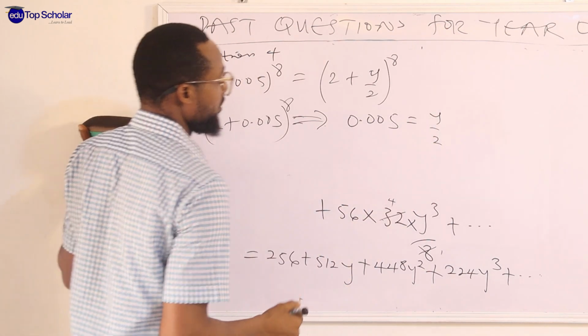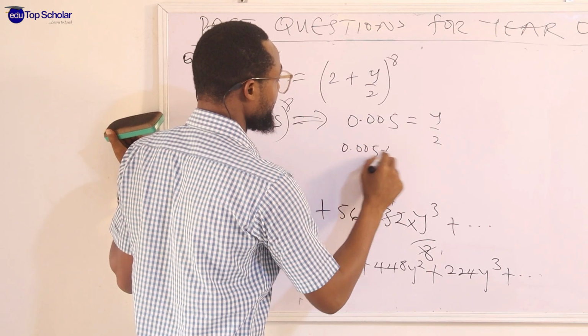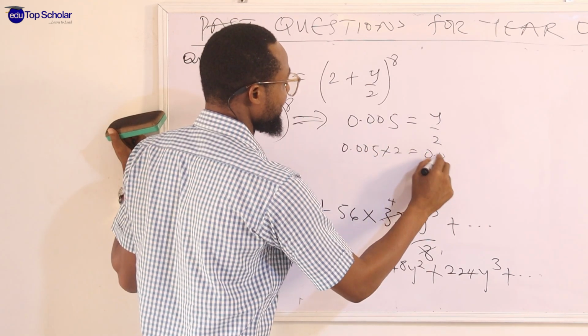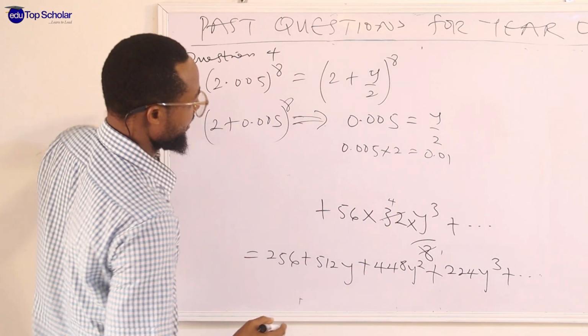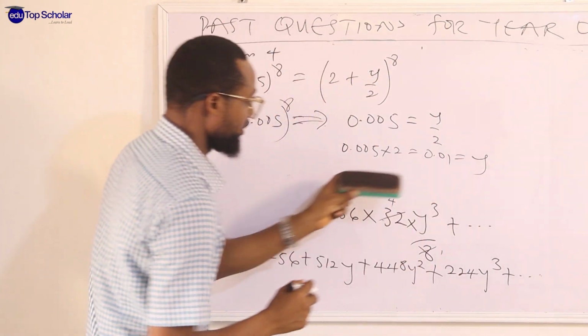So to get the value of y now, we multiply this one by this. So 0.005 times 2, which is 0.01, I think. Yeah, is now equals to y. Our y will be 0.01.